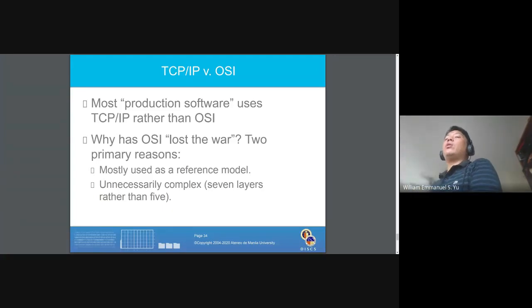As a matter of fact, when we talk about protocols in TCP/IP, we just call them application protocols. We don't call them session or transport protocols. So these application protocols, HTTP, SMTP, etc., are all application layer protocols. On the other hand, transport layer protocols in TCP/IP are transport layer protocols. TCP, or Transmission Control Protocol, is a transport layer protocol, while IP, or Internet Protocol, is a network layer protocol, right?